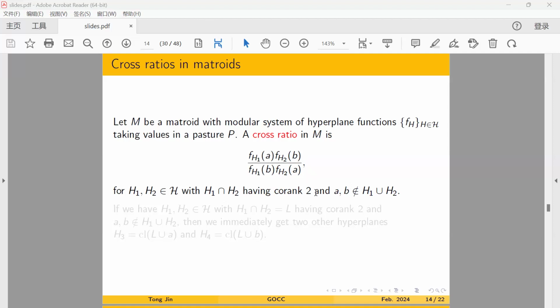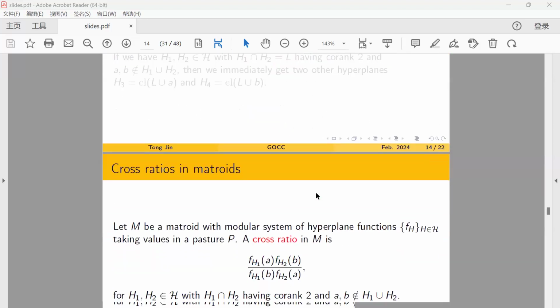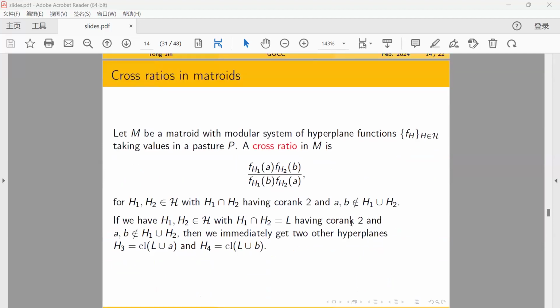It is why we call it cross ratio, because in the most generic case, if we have H1, H2 two hyperplanes intersecting at a corank 2 flat L, and if we have two other elements outside the union, then we immediately get two other hyperplanes.